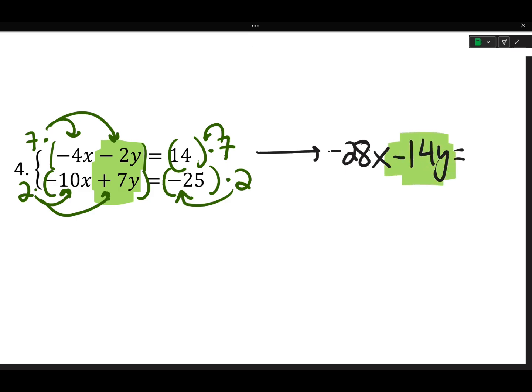Great, okay, we have a negative 14y. 7 times 14 is 98. Yes, it is. Let's do the bottom. 2 times negative 10x is negative 20x. 2 times positive 7y is positive 14y, and voila, we have made opposites.